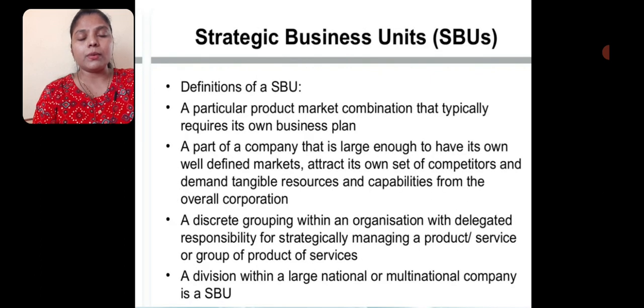Then let's discuss the strategic business unit. What is an SBU? Definition of SBU: a particular product-market combination that typically requires its own business plan. A part of a company that is large enough to have its own well-defined market, attract its own set of competitors, and demand tangible resources and capabilities from the overall corporation.